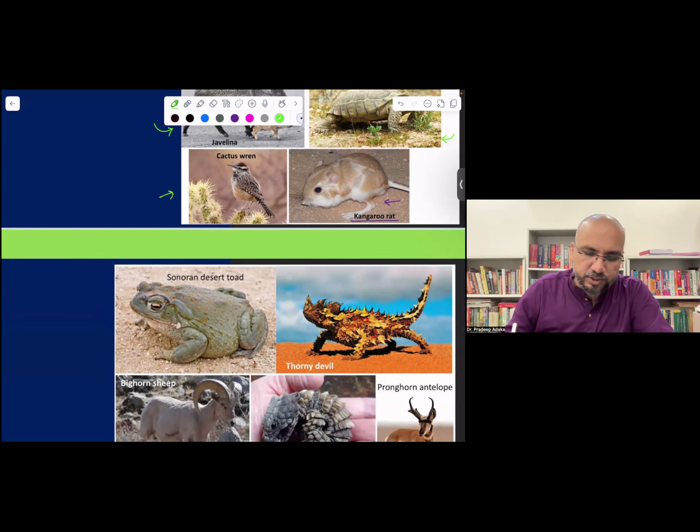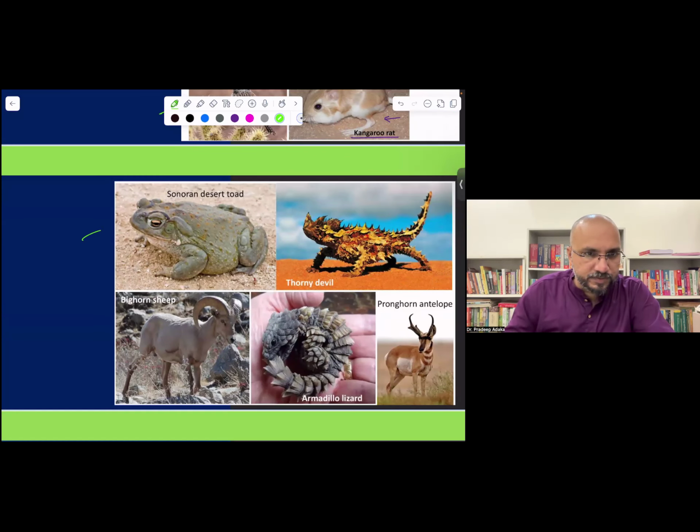Then Sonoran desert toad. Sonoran desert is in Mexico and southern parts of United States. Then you have thorny devil, which is a kind of lizard. Bighorn sheep, armadillo lizard, and pronghorn antelope. So these are some of the animals that you see in the desert biome.